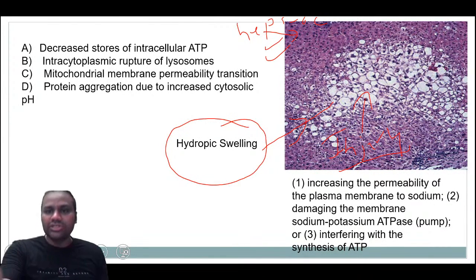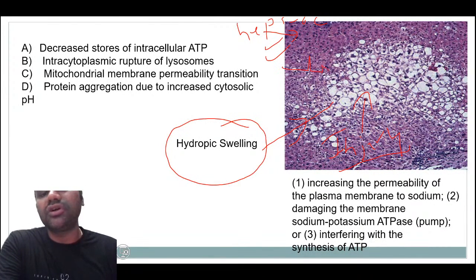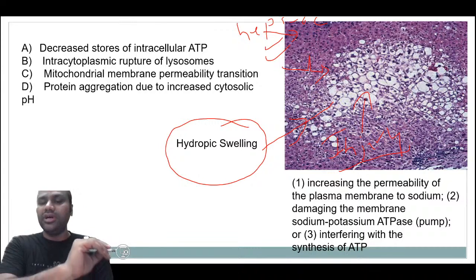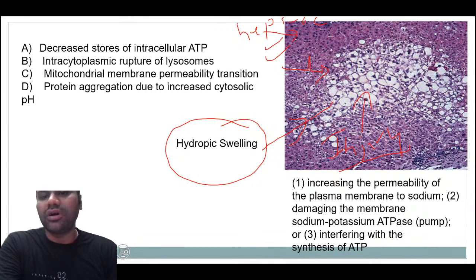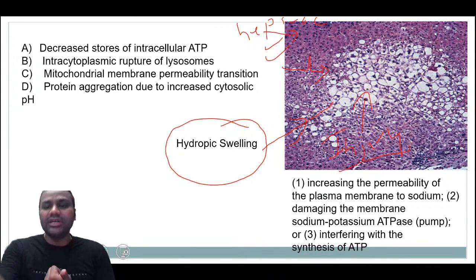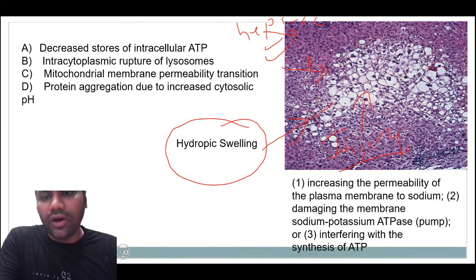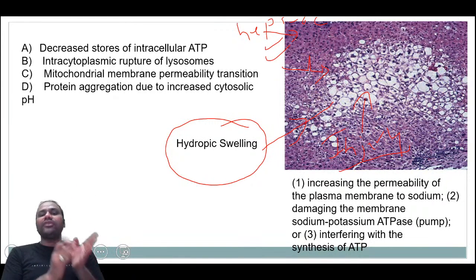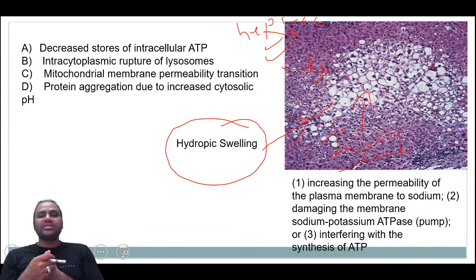Now, what is happening in this injury? Whenever this injury occurs, basically because of toxic injuries or any kind of shock, we have studied that whenever there is depletion of oxygen, it's a very simple answer: there will be a decrease in oxidative phosphorylation.